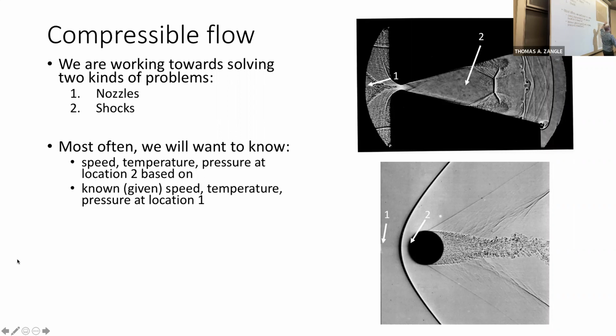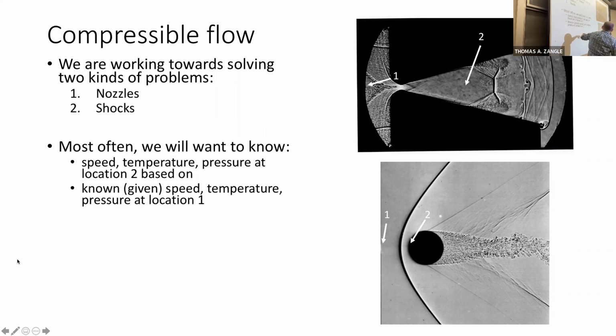So we're going to develop mostly today a set of expressions that allows us to relate the velocity, temperature, pressure, all the different flow variables within internal compressible flow, as a function of the area that the flow is moving through.